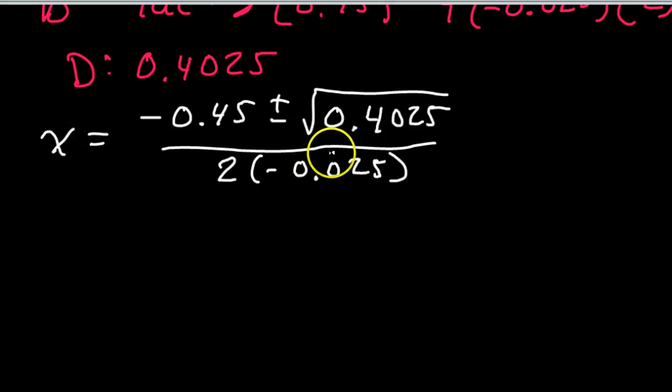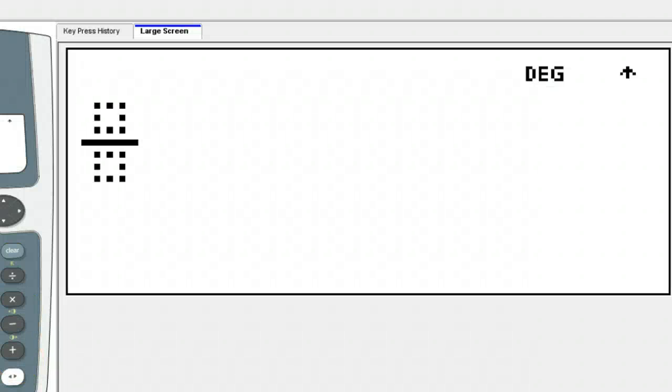Now, since we're looking for a decimal anyway, we can pretty much type this whole thing into the calculator. Only we can't type in plus and minus at the same time. So let's type it in once with a plus and see what we get, and once with a minus and see what we get. Alright, start off by hitting the fraction button.